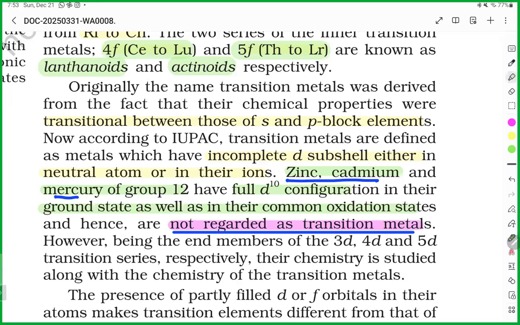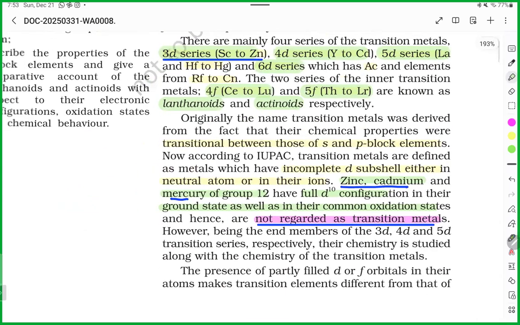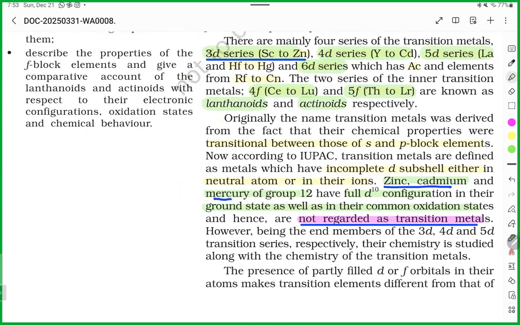What is the difference between D block element and transition element? Sir, aren't they the same? No, they are not the same. See, when we say D block element, it means the last electron enters into the D subshell.